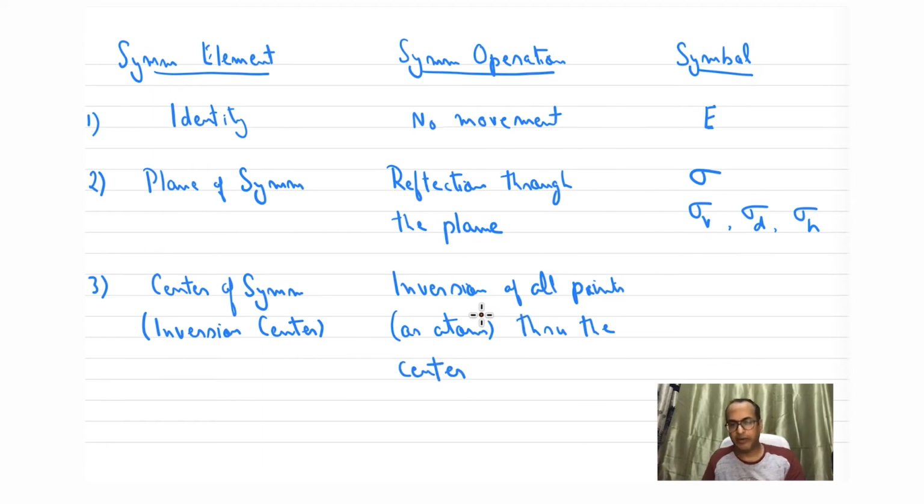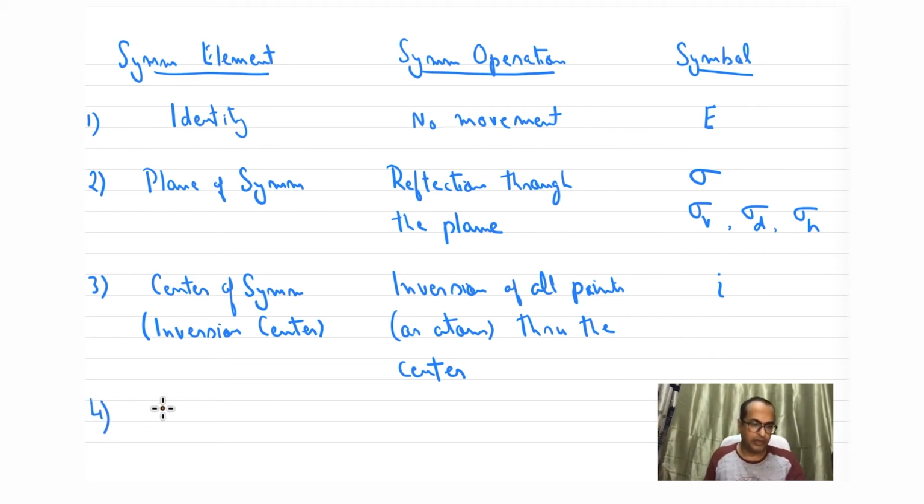We will see again how to perform this symmetry operation. This is just the definition: inversion of all points or atoms through this center, and it is denoted by lowercase i.